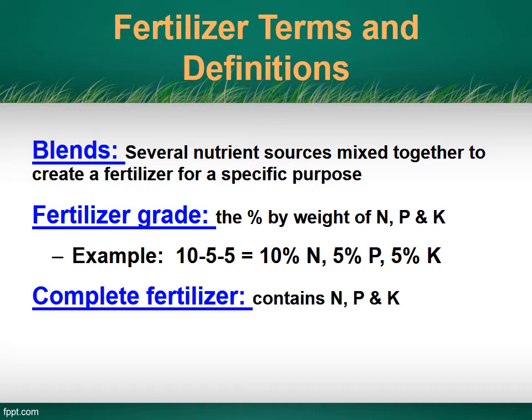And then a complete fertilizer contains nitrogen, phosphorus, and potassium. You can get fertilizers such as urea, ammonium nitrate, and the only nutrient they contain is nitrogen. You can get forms of phosphorus and potassium that only contain phosphorus or only contain potassium. But if a fertilizer has all three, it's considered a complete fertilizer.